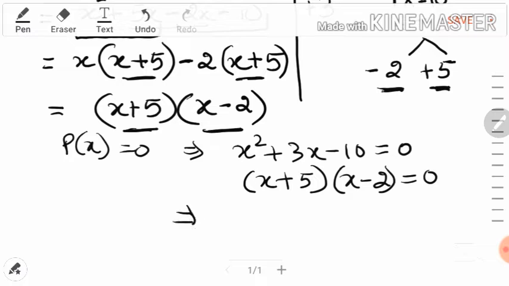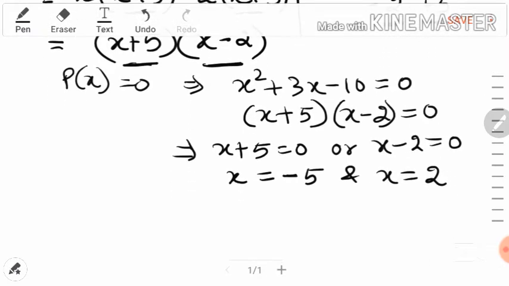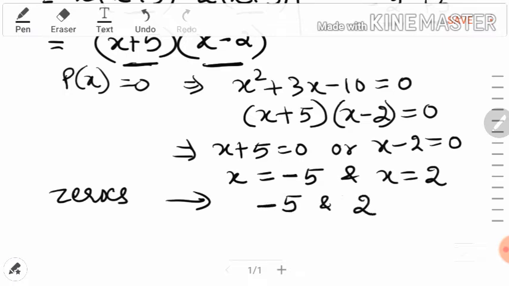So this implies x plus 5 is 0 or x minus 2 is 0. On solving each equation, we get x equal to minus 5 and x equal to 2. So the zeros of this polynomial are minus 5 and 2.